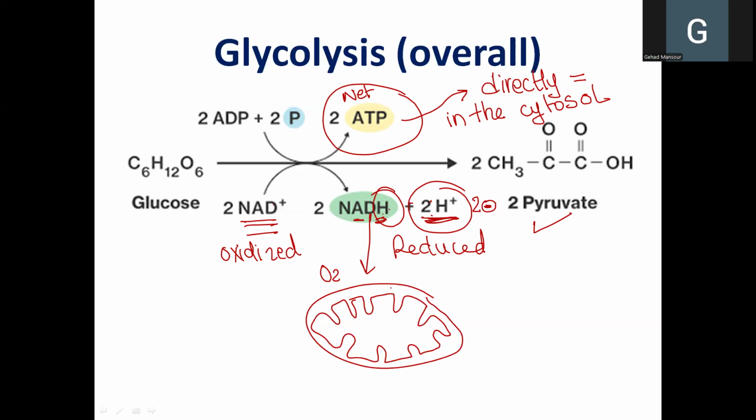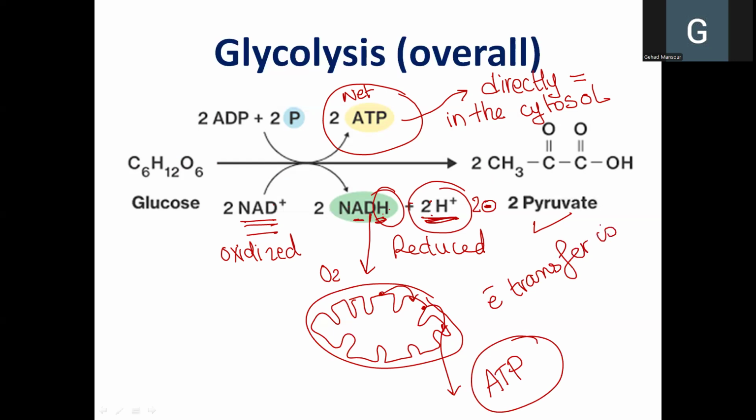And at the end of the biochemical pathway of the electron transport chain, we will obtain ATP molecules because, as we said before, the electron transfer is an exergonic process.